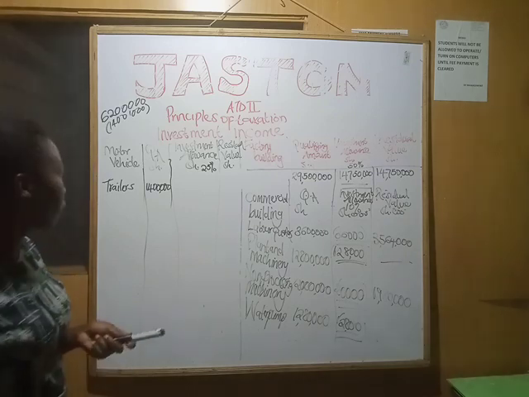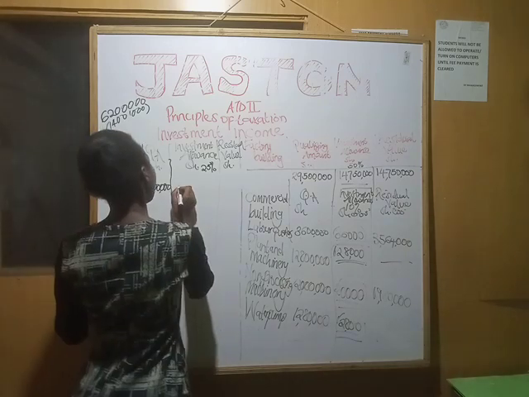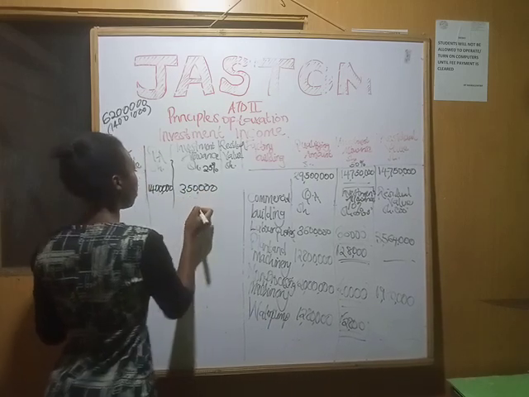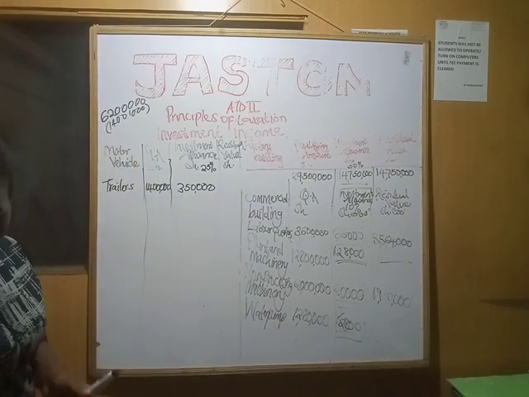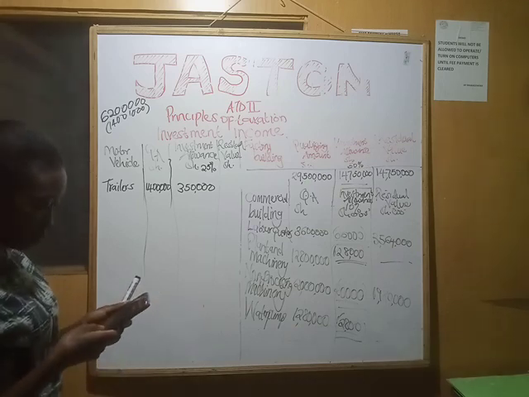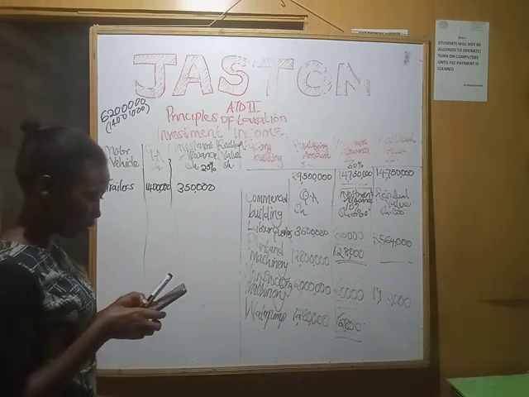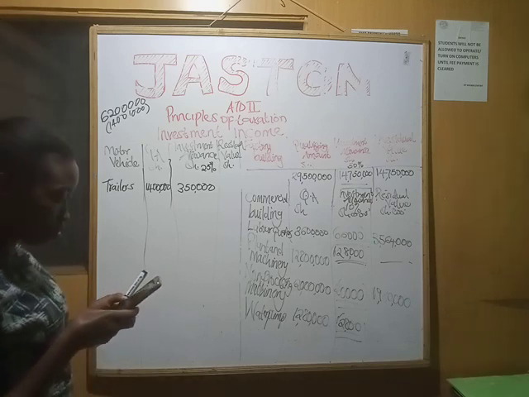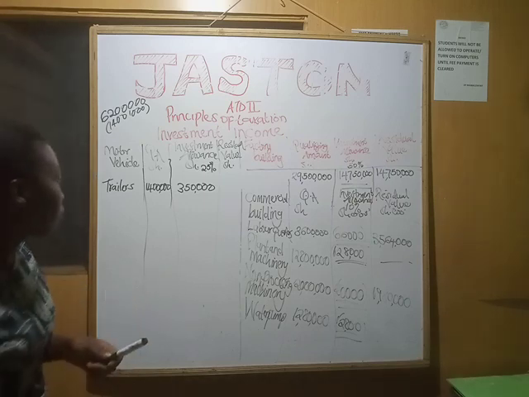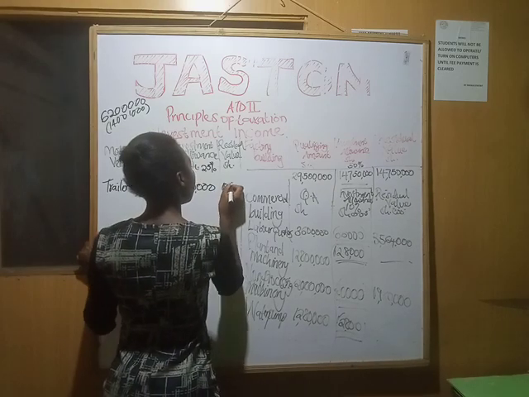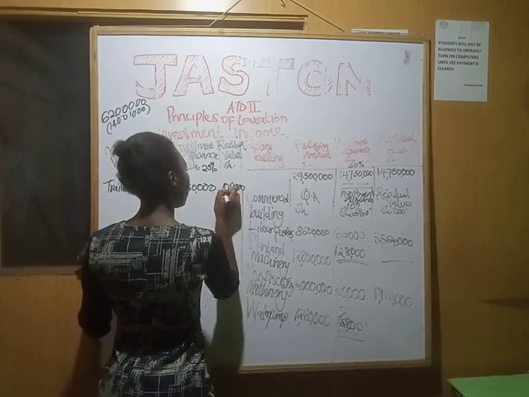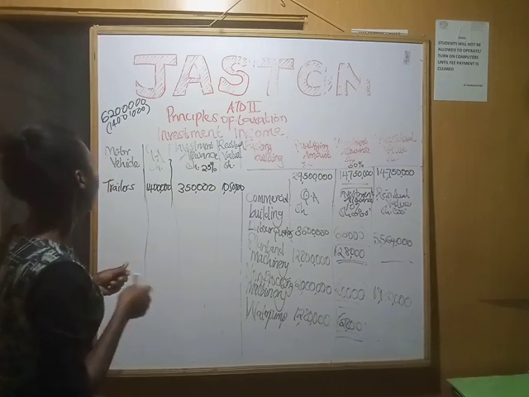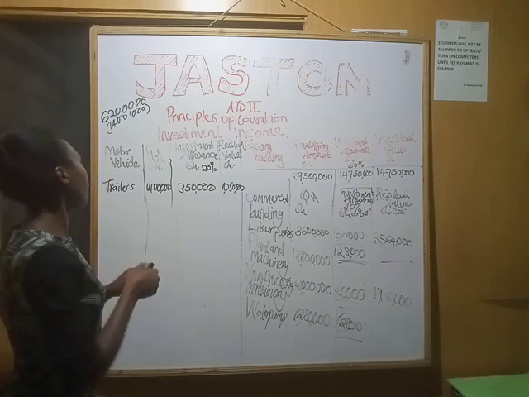So our investment allowance is 350,000. We less, we get our residual value, 1,050,000. So this will be the cost of trailers.